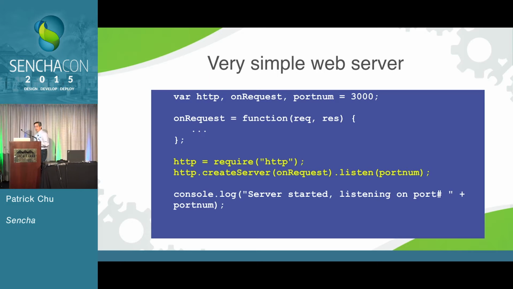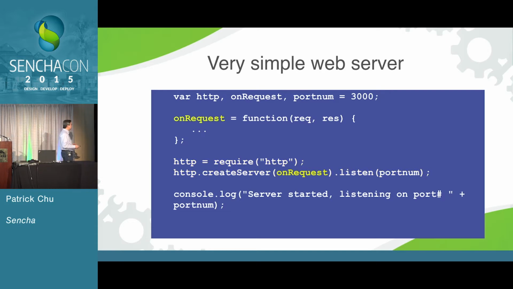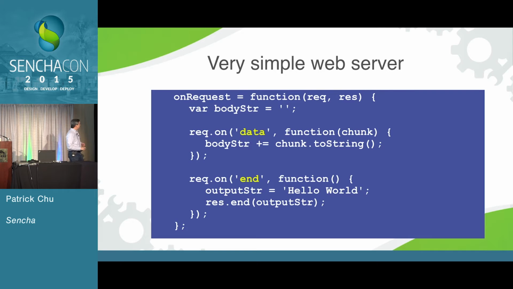Let's look at the on request callback and see what's going on here. There are several events that you need to listen to, but the two main ones are data and end. Data is for when there's a body, if there's a POST or a PUT, and data is coming in the body.